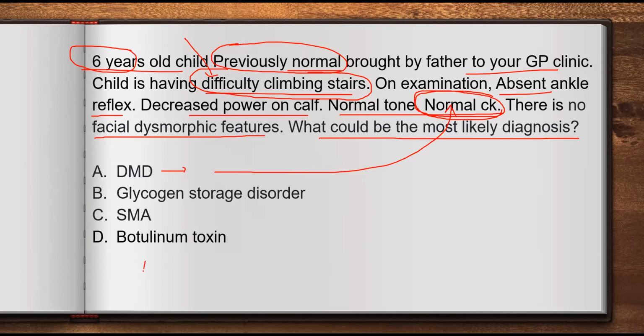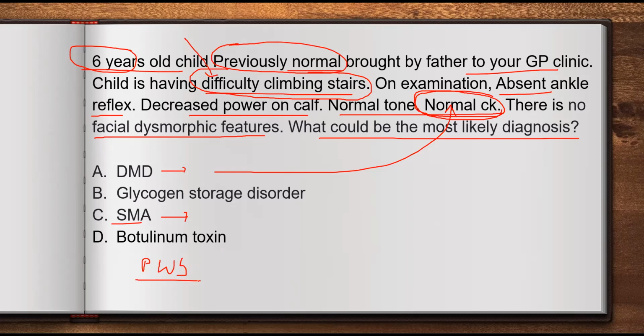Same with Prader-Willi syndrome, PWS, very commonly asked in exam also. It also involves all other muscles, including facial muscle. But SMA doesn't involve facial muscles. And the child usually is a very bright child, no intellectual disabilities in here. Whereas in PWS, the child will have intellectual disability.